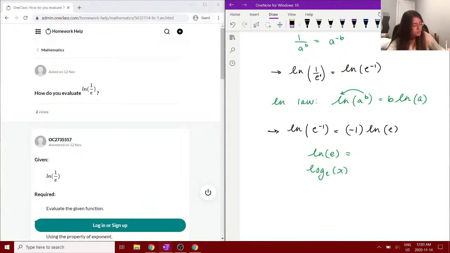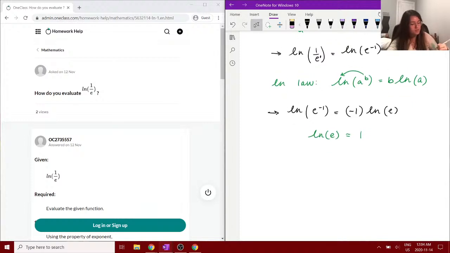So if you're taking log base e of e, they essentially cancel out, so you get 1. So yep, the ln function is equivalent to the log function with the base of e.